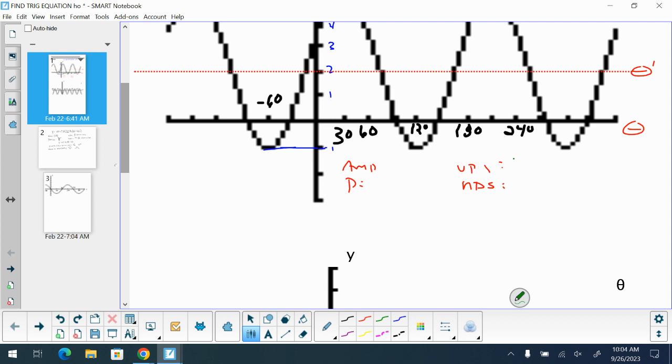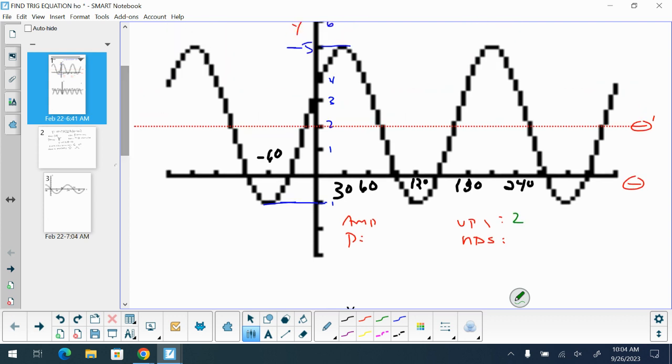So our vertical phase shift is a value of 2. Now the next thing is the easiest thing that falls out from throwing in the prime axis. We still need to find amplitude, period, and horizontal phase shift.